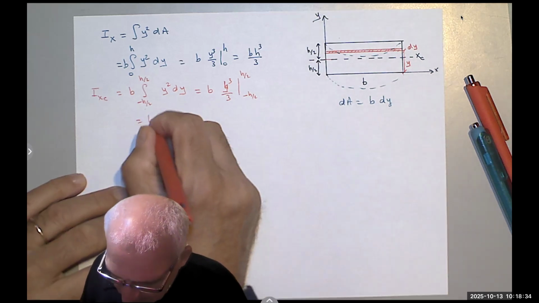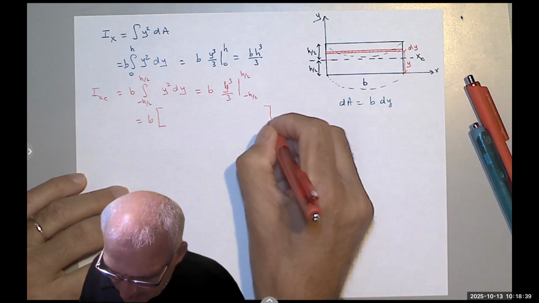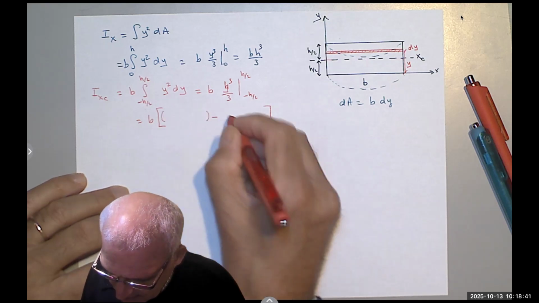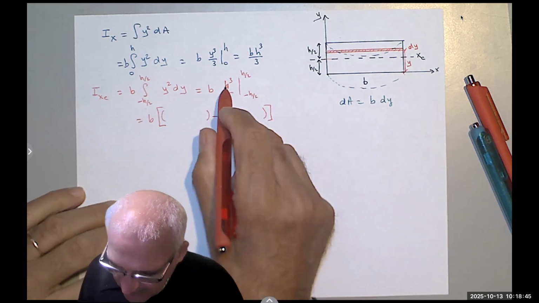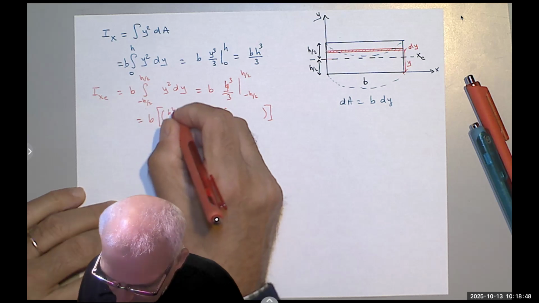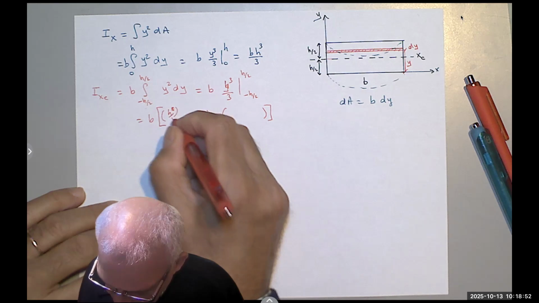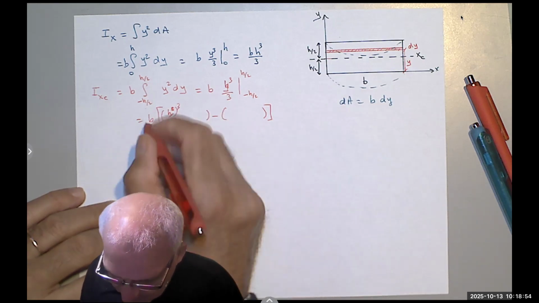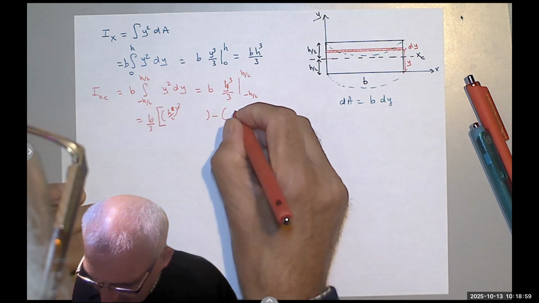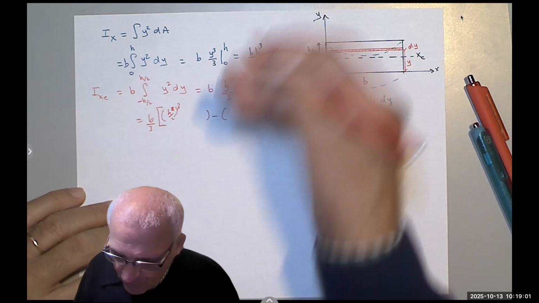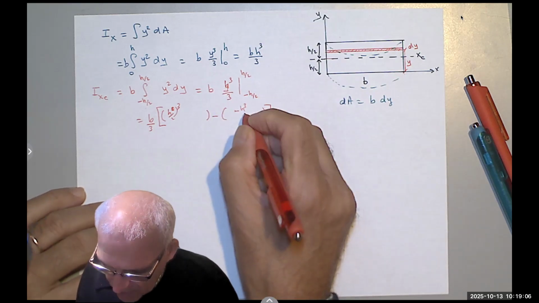So I will get b over 3, and we open two brackets with a negative sign between them. You would say h over 2 cubed, minus negative h over 2 cubed. When you cube it, it becomes negative h cubed over 8.